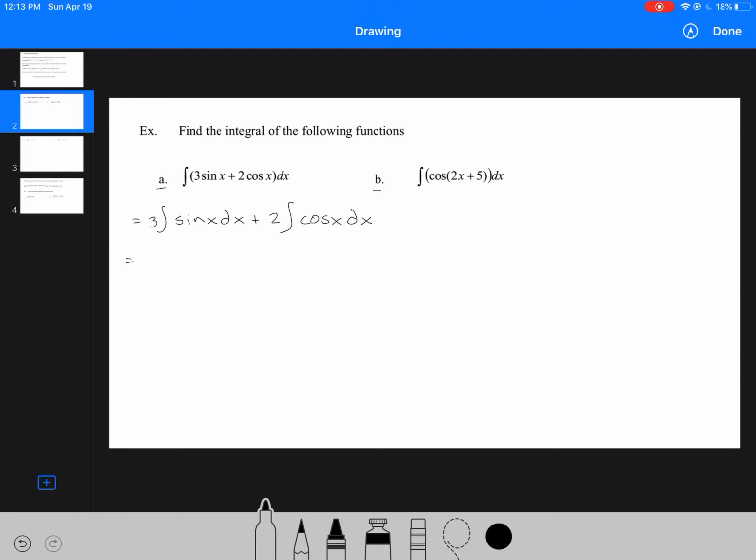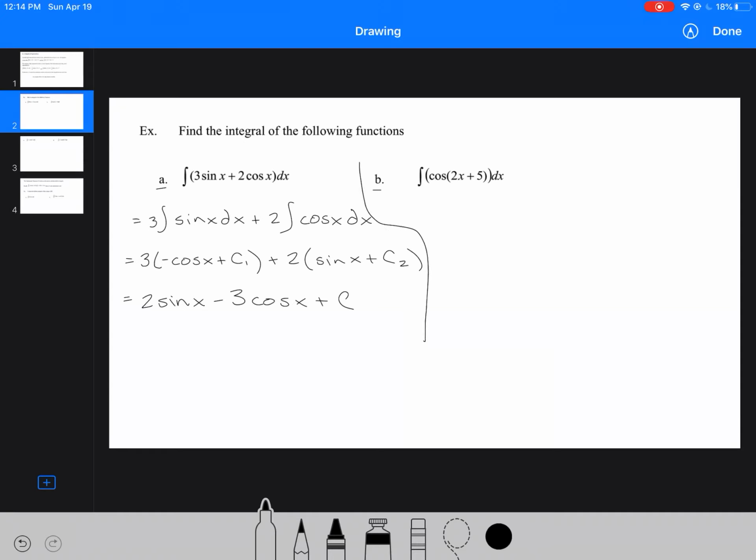Here we can integrate sine x to be minus cos x plus c1, and then we can integrate cos x to be sine x plus c2. When we combine all that together, pulling my sine term into the front, I get 2 sine x minus 3 cos x plus c. You can double check if you take the derivative, you end up with your integrand.